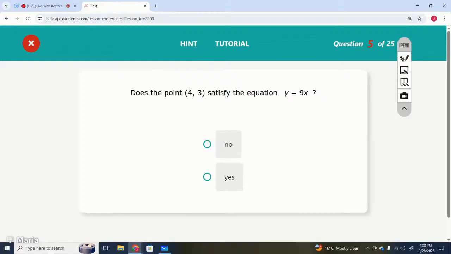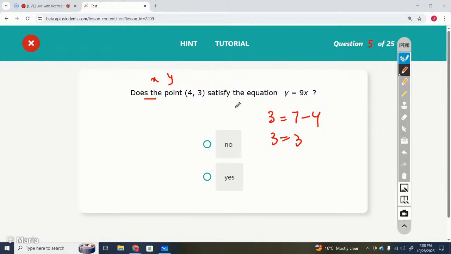Does 4, 3 satisfy the equation? X is 4, y is 3.